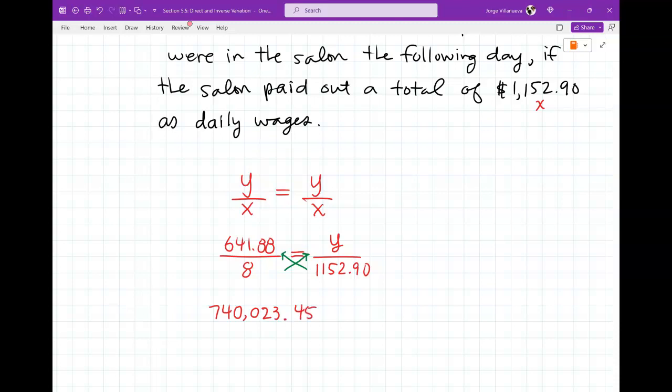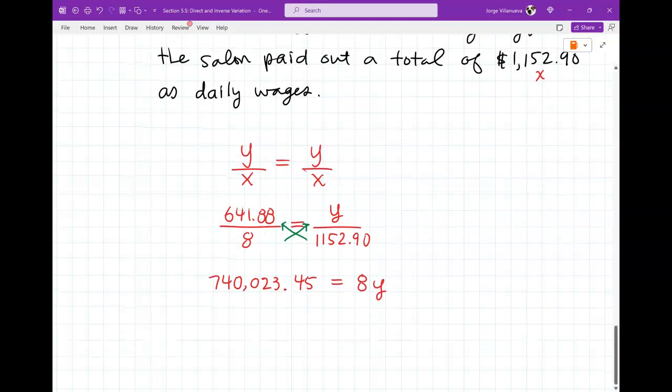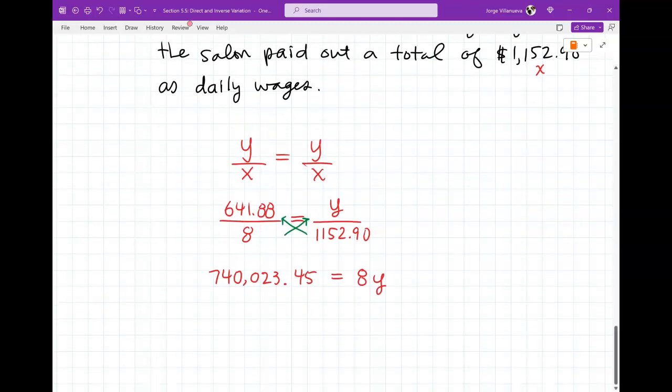I'm just going to round it to the nearest tenth because that's how we do money, right? So 45 cents equal to 8y because 8 times y. Now I'm going to get that total and I'm going to divide it by 8 so I can solve for y.